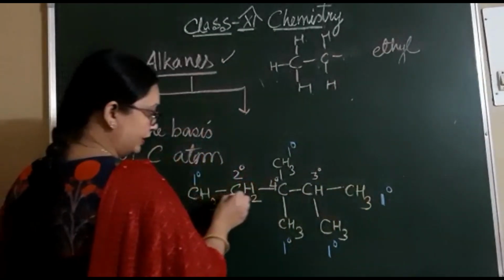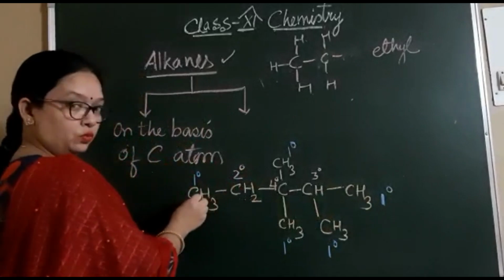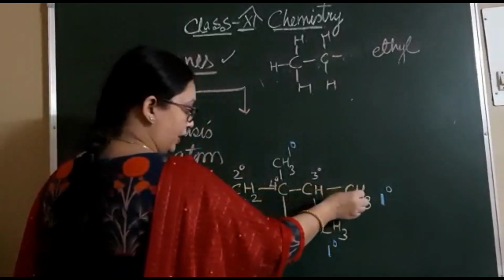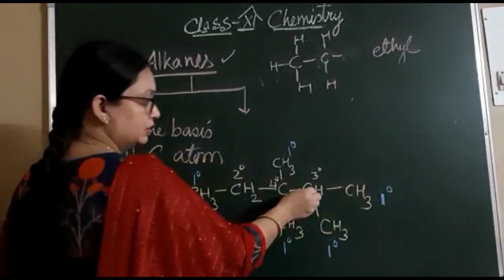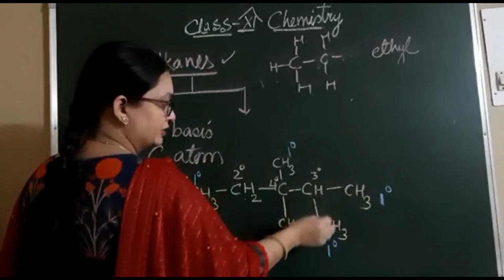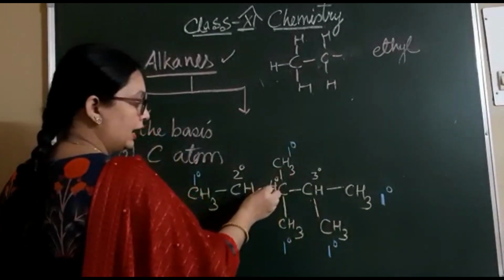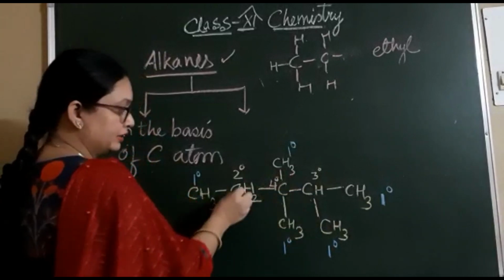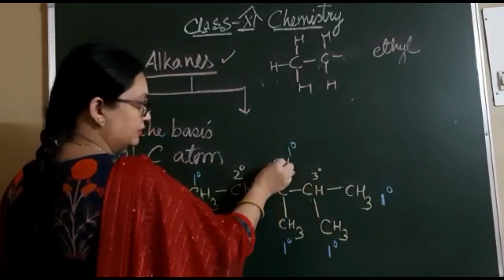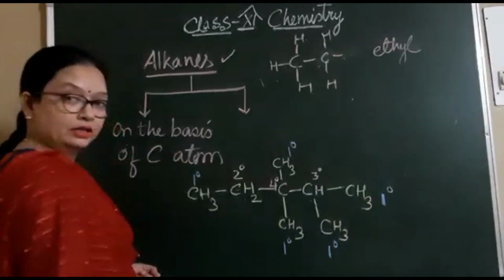So in a straight chain, how many carbons are present? 1, 2, 3, 4, 5. Out of these carbon atoms, one of the H is replaced by a side chain, and in this carbon all the hydrogens are replaced by carbon. That means this carbon is connected to 4 other carbon atoms.